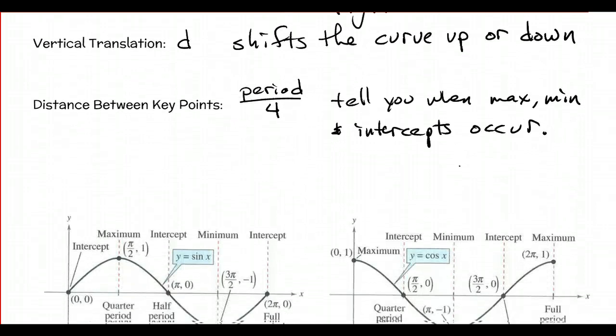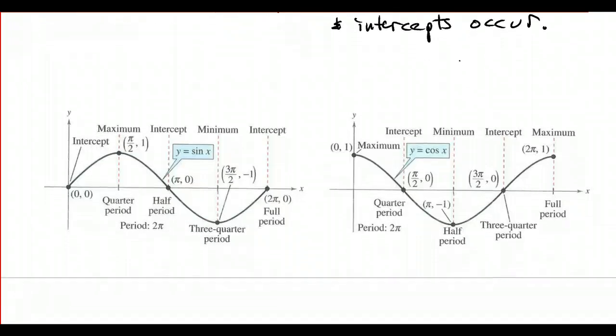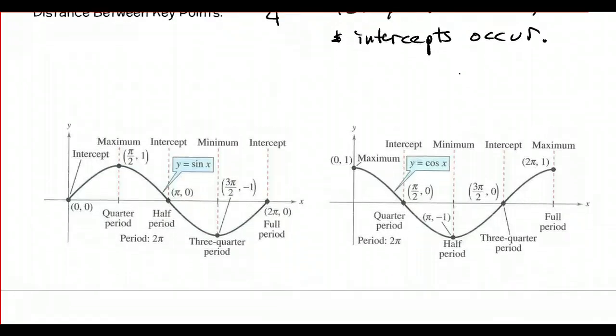Okay, so if we look again at these two standard graphs, we have one period of y equals sine x, we have one period of y equals cosine x. You can see the values for A, B, C, and D here. For A, it's 1. For B, it's also 1. And then C is 0, and D is 0.